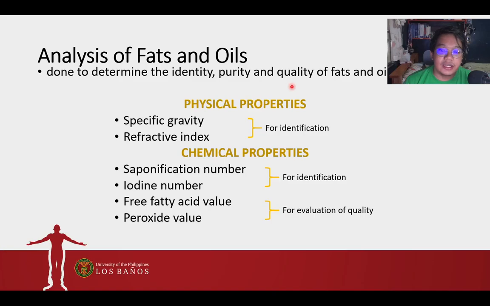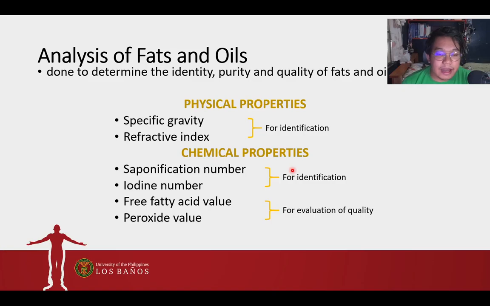These are the tests that you can do to test for its identity. You can do specific gravity or refractive index, since the specific gravity and refractive indices of the oils present are unique.